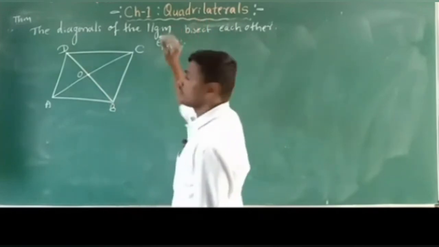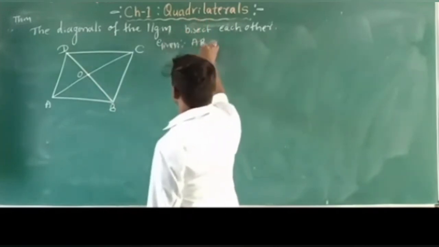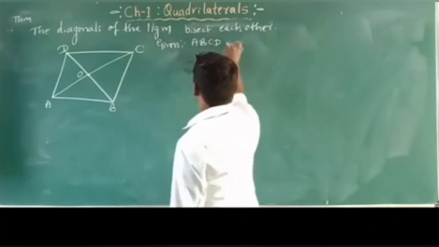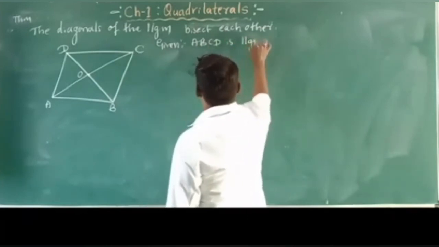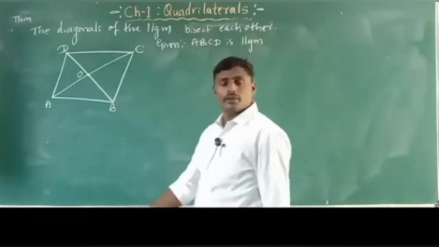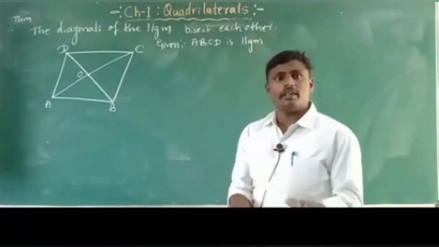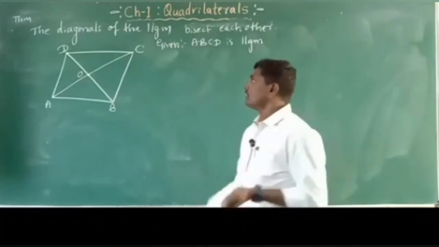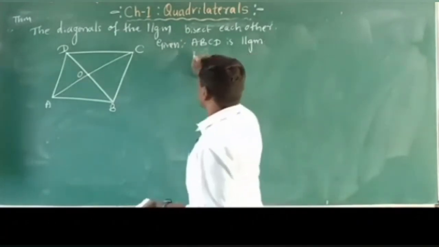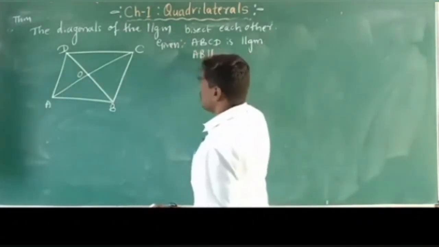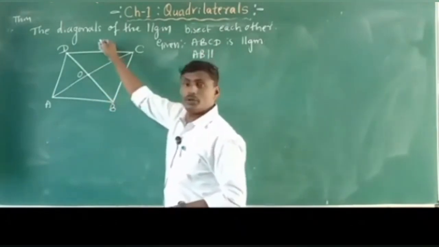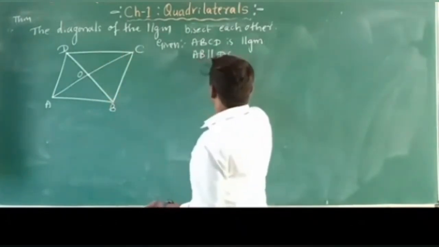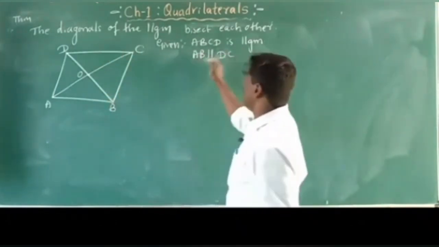Given: ABCD is a parallelogram. If ABCD is a parallelogram, it means opposite sides are equal and parallel. So here AB is parallel to DC, and these two sides are parallel as well as equal.